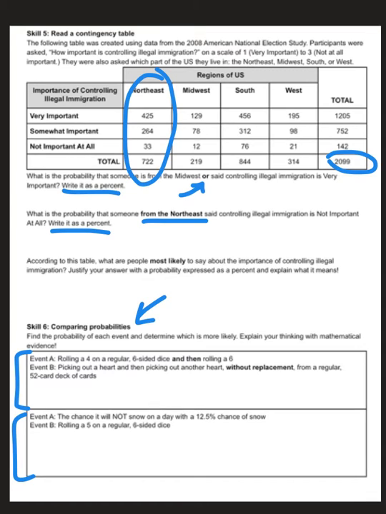So if you say event A is more likely, I need to see what the probability is and then how you're comparing it to the probability of event B. All right, same rules apply, and then still means multiply. Without replacement still means you're not putting it back in. All right, guys, good luck. Pause the video now, and then I want you to come back and check your answers.